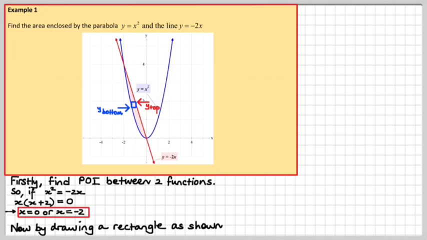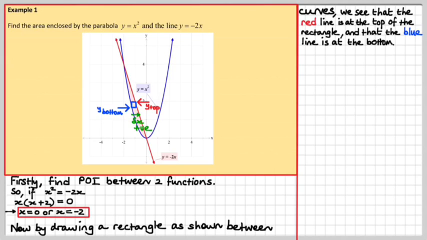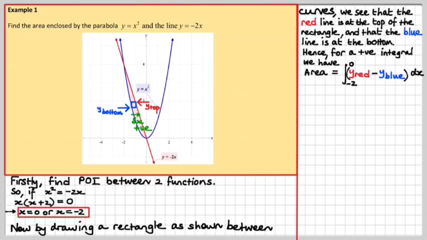So, guys, we need to integrate that, and as I'm showing you here, we're integrating it from left to right to get positive x's. So we need to realise that this expression here will give us a positive integral. Y of the red function minus y of the blue function represents top minus bottom in terms of y for my rectangle, and it gives me a positive height.